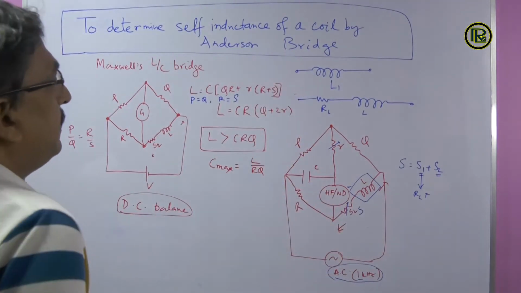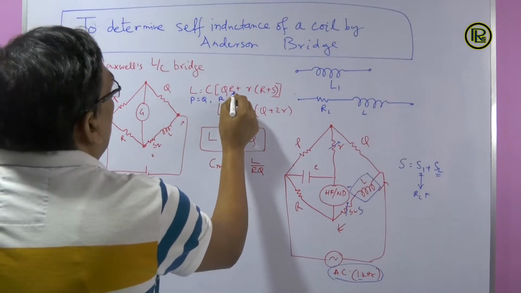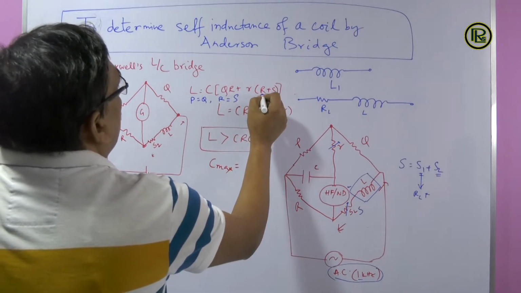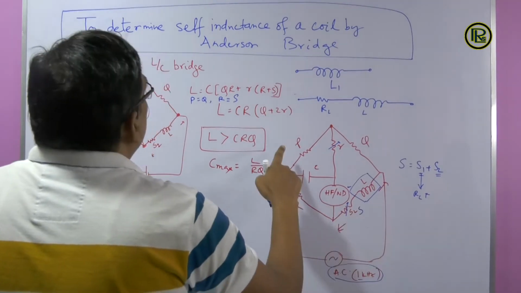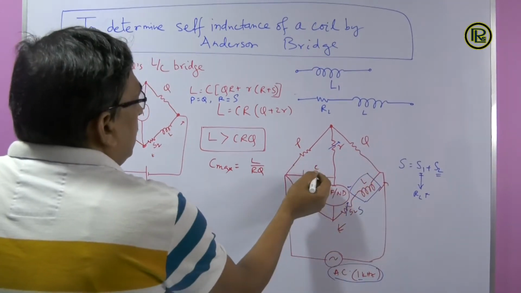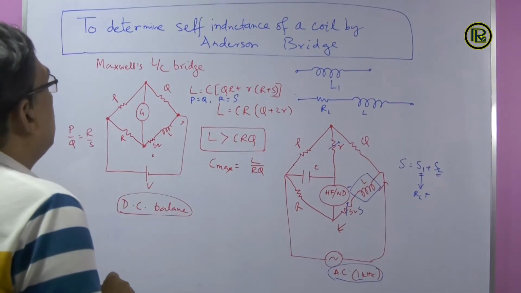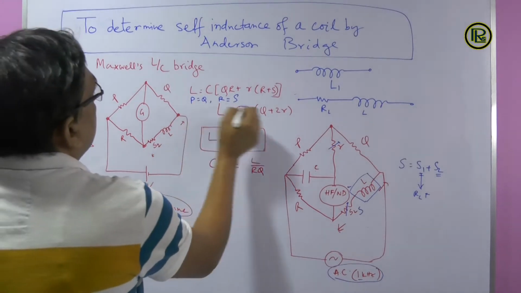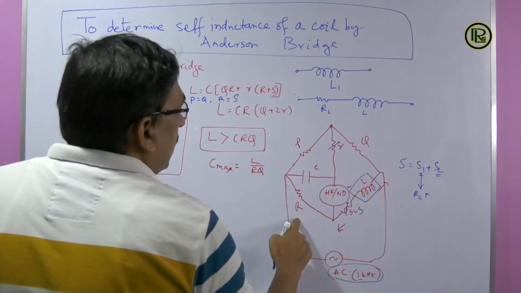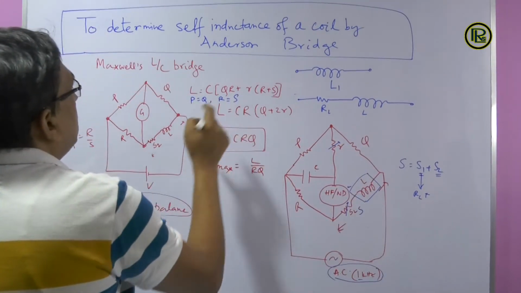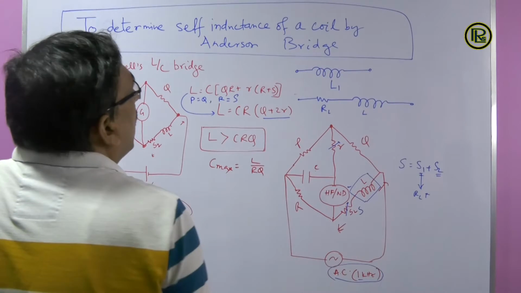The working formula for the experiment is L is equal to CQ[r(R plus S) plus RS], where R, S, Q, C are like this and small r. When this condition is satisfied, like P is equal to Q and R is equal to S, in that condition this equation becomes L is equal to CRQ plus 2r.